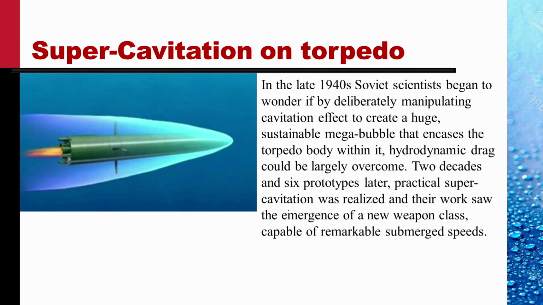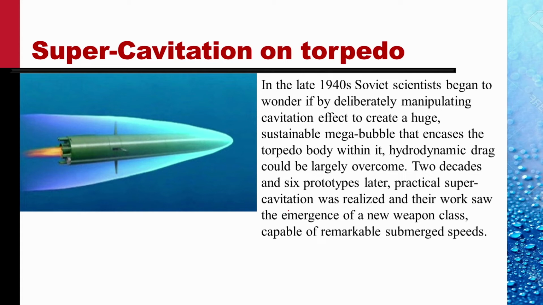Cavitation is not always damaging. In the late 1940s, Soviet scientists began to wonder if by deliberately manipulating cavitation effects to create a huge, sustainable mega bubble that encases the torpedo body within it, hydrodynamic drag could be largely overcome.